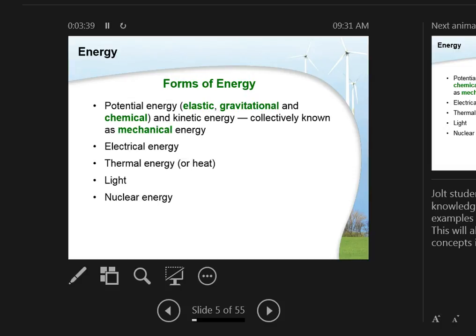So for example, nuclear energy. In Japan, a couple of years back, they had an earthquake, right? The Fukushima incident. What happened to the nuclear power plant? There was a radiation leak, and that was harmful to the environment and the people living in the vicinity.